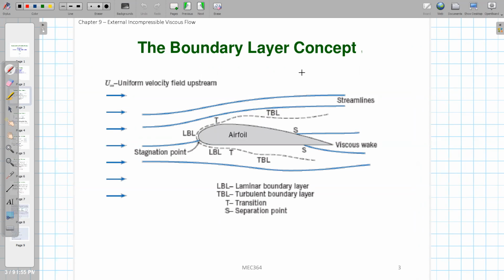What does the flow structure look like? This is what the flow field will look like, some very complicated behavior. So maybe I should not use this as an example. Let me give you another example.